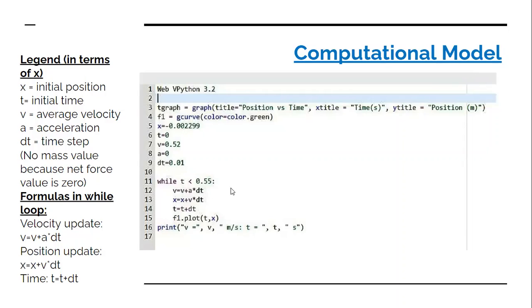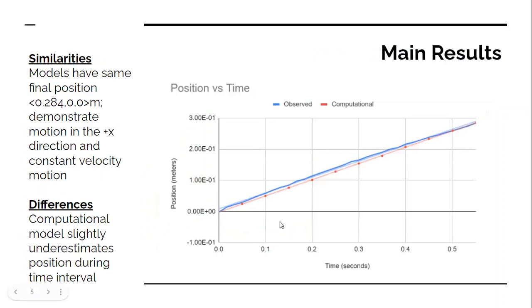Then I wrote a while loop: while t is less than 0.5, because that is the time it takes for the toy car to reach its final position. I wrote down the velocity update formula, the position update formula, and the time step, and then I plotted it on the graph, and that is how we get the data used here for our computational model.